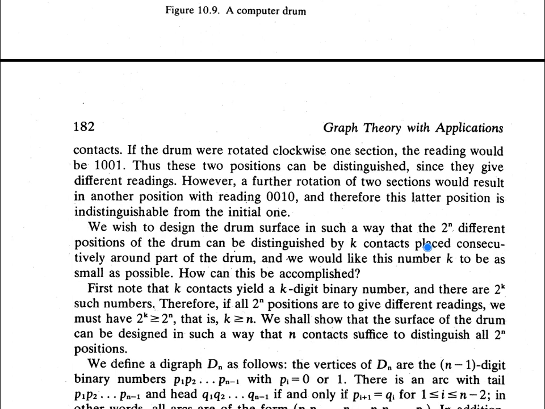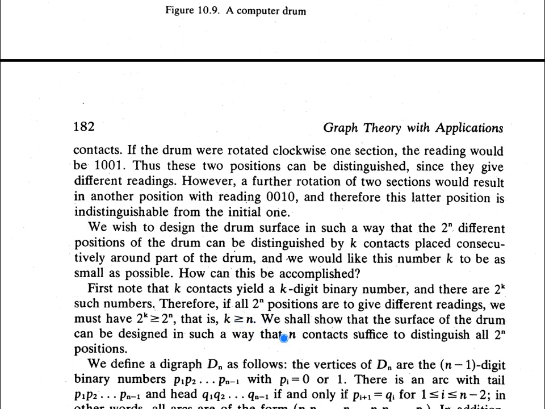Okay, anyway, the application I'm going to show is valid for recognizing 2 to a certain power n different positions. Okay, and what you do is to consider k greater than or equal to n.